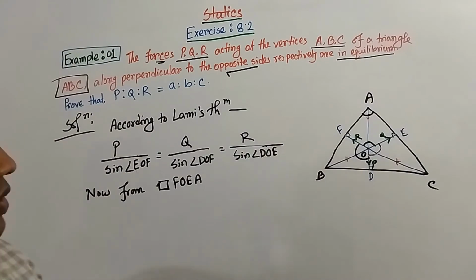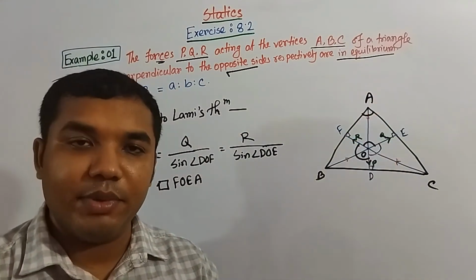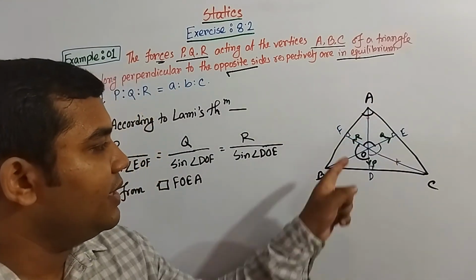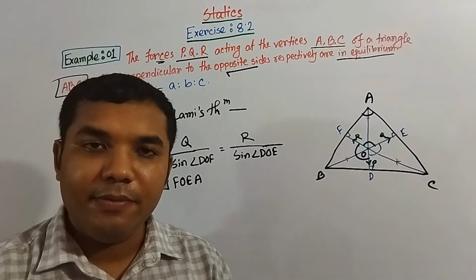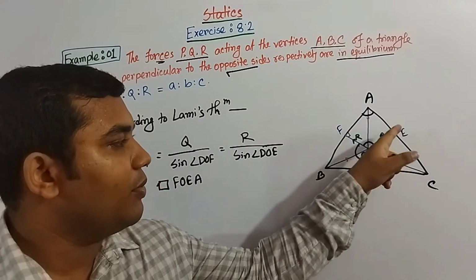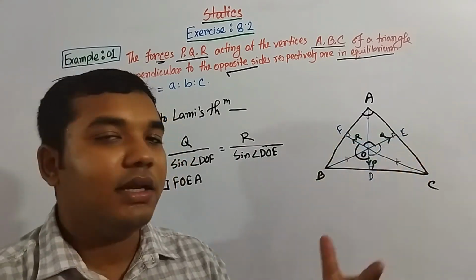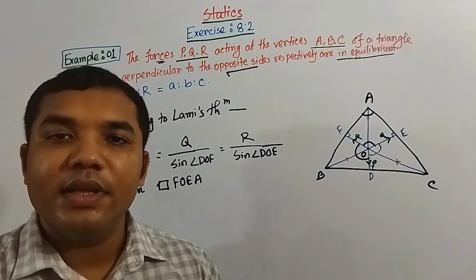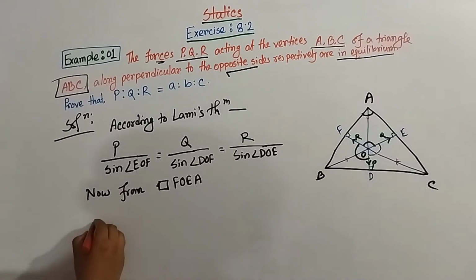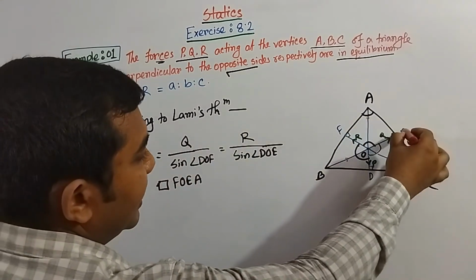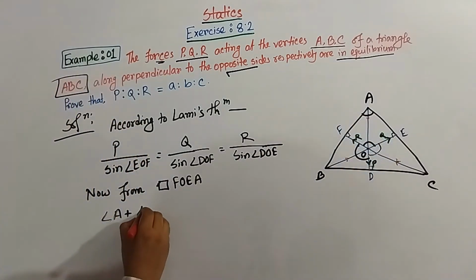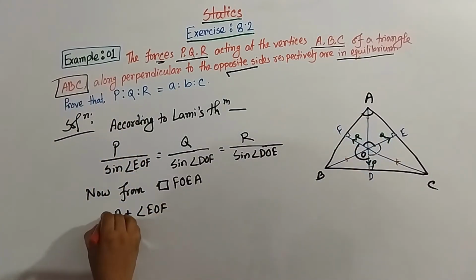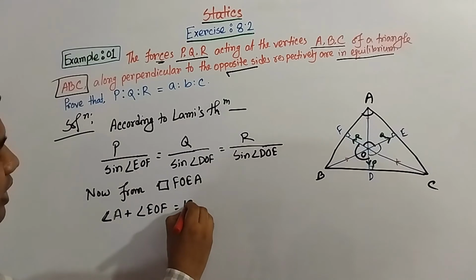Why? Because all four angles' summation should be 360. Already these two opposite angles are 90 and 90, 180. So the sum of those two should be 180. So angle A plus EOF, these two angles will be creating 180 degrees.